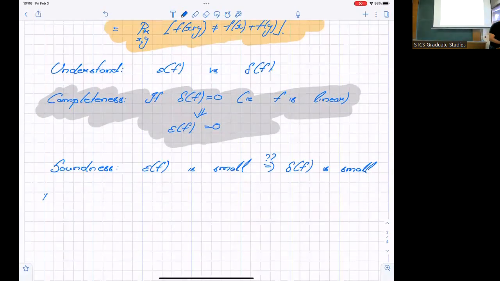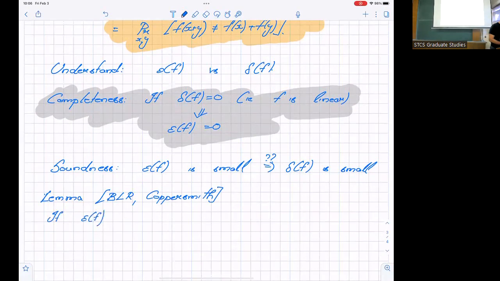So this lemma is due to BLR. The proof which I'm going to give is due to Coppersmith. We'll show that if epsilon f is not too large, in particular if it's smaller than 2/9, then delta f is less than or equal to 2 times epsilon f.